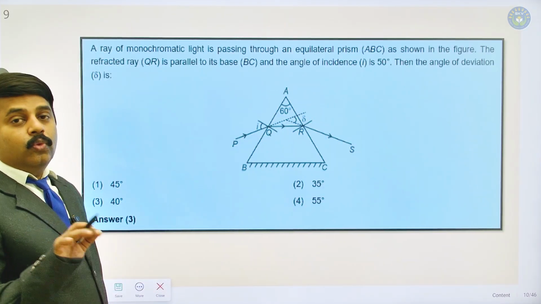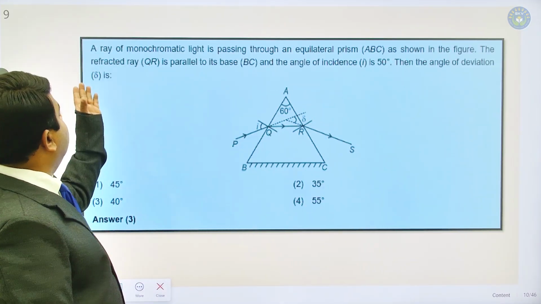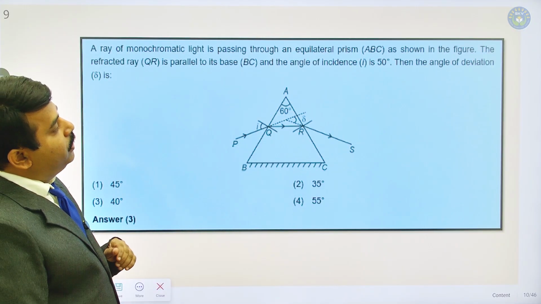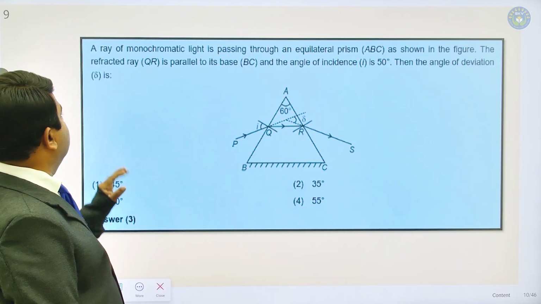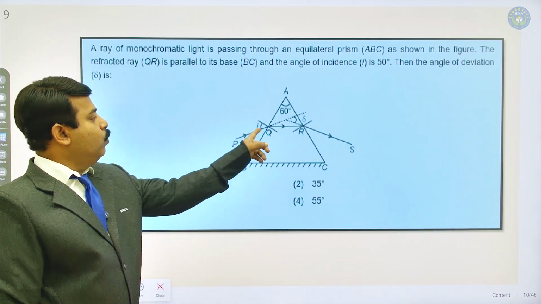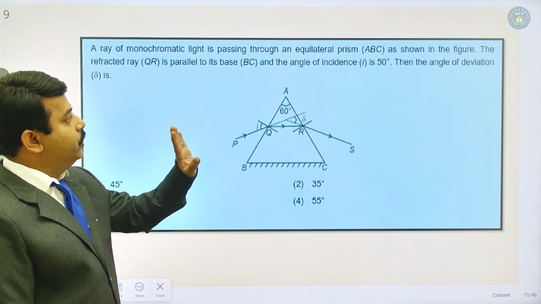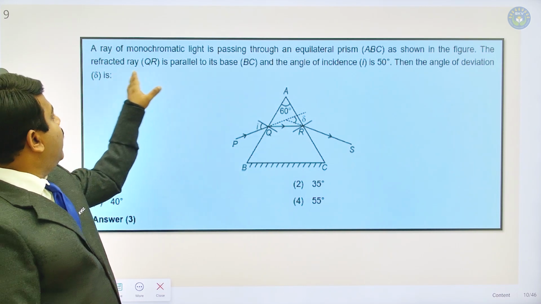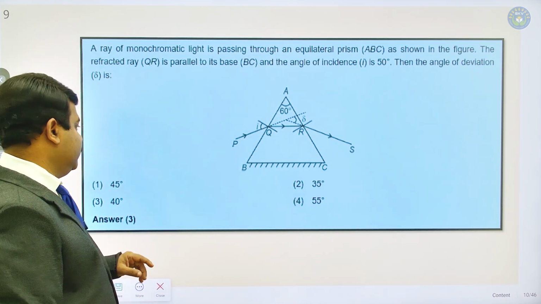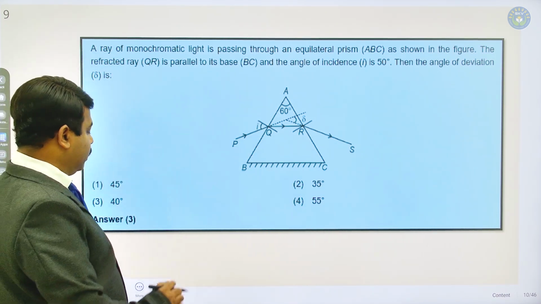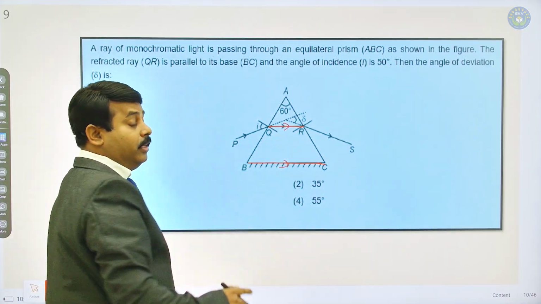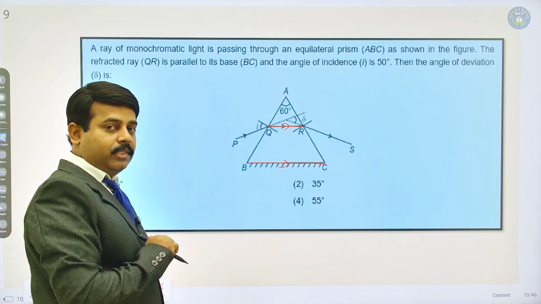Now let us go to question number 8. See, a ray of monochromatic light is passing through an equilateral prism ABC as shown in the figure. The refracted ray QR is parallel to the base and the angle of incidence is 50 degrees. The angle of deviation is, see, when the refracted ray goes parallel to the base, it is the condition of angle of minimum deviation, right?